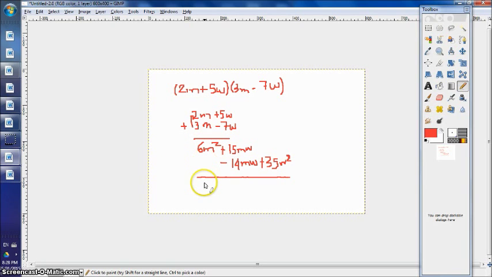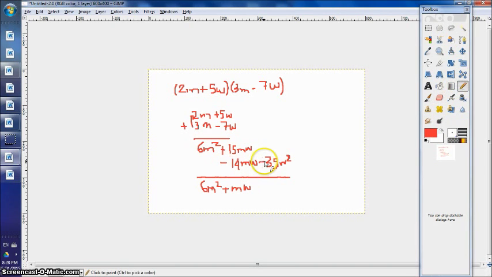So over here, this is a simple calculation, 6m squared, 6m squared plus 15 minus 14 plus mw. And this is 5 times 7.